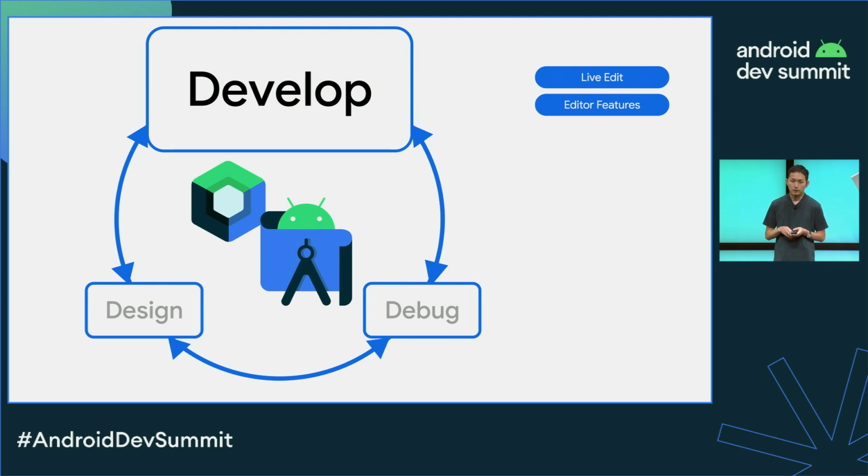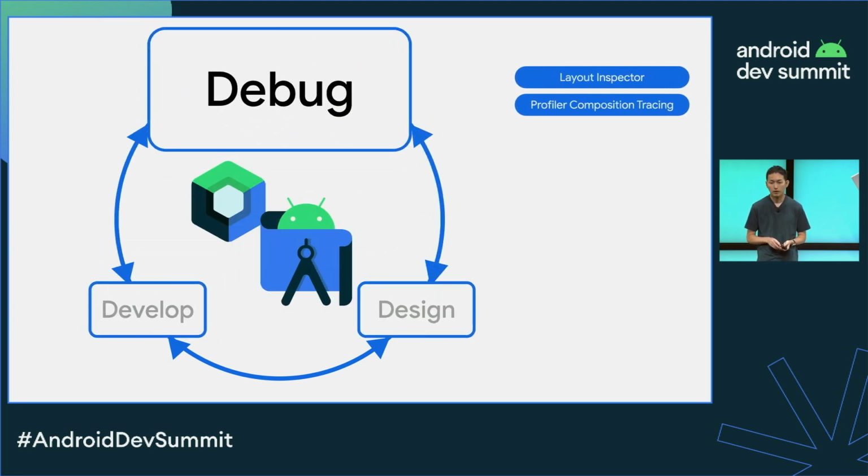In the develop phase, live edit accelerates your development cycle. Editor features boost your productivity. In the debug phase, recomposition count in the layout inspector helps you find the unnecessary recompositions. And the compose composition tracing allows you to spot the suspicious function that triggers too many recompositions.